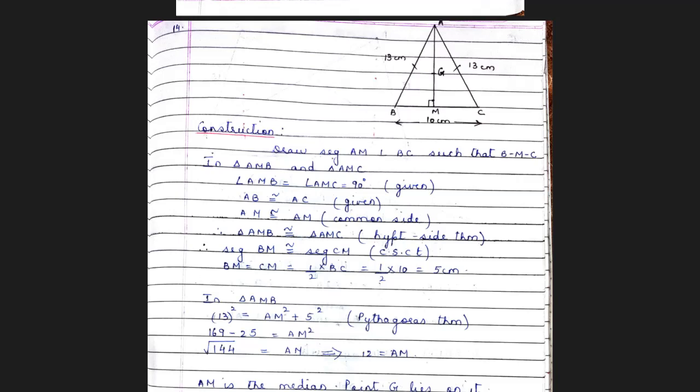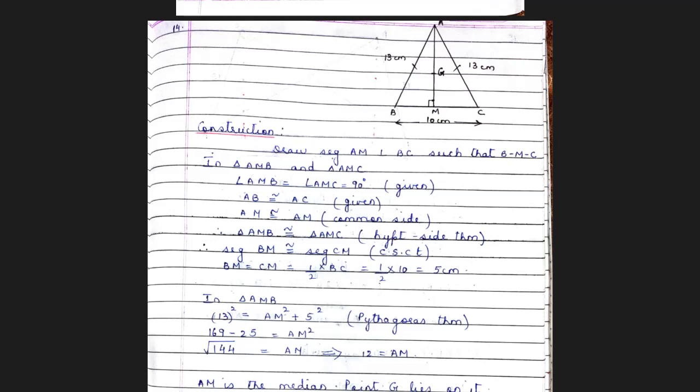AM congruent to AM, common side. Therefore, these two triangles AMB and AMC are congruent by hypotenuse side theorem. Therefore, since the two triangles are congruent, it follows that segment BM is congruent to segment CM by CSCT. And therefore, it is half of 10, which is 5 centimeter.